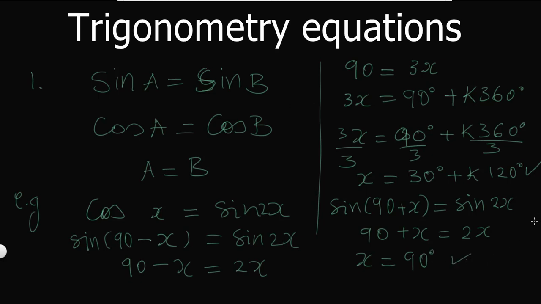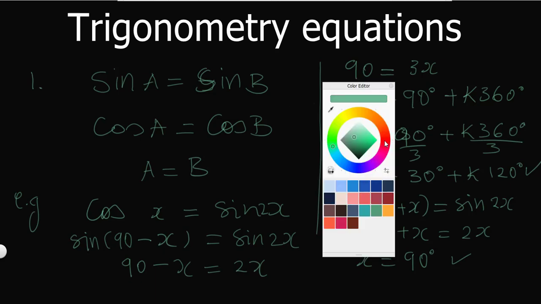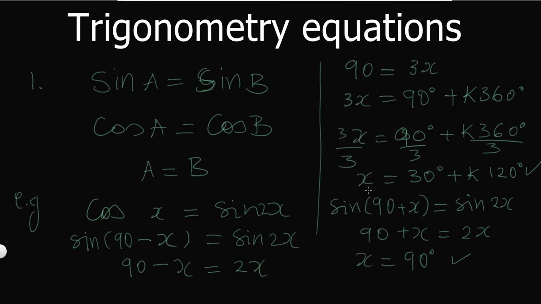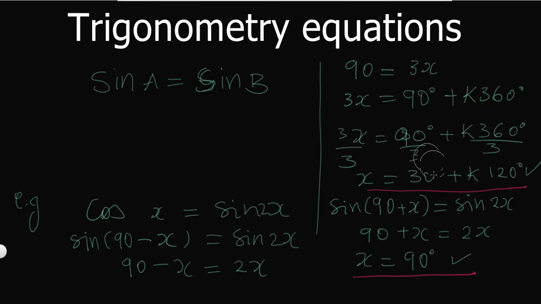When you solve this trigonometric equation, you will get this answer: x will be equal to this, and x will be equal to this. Is that clear?